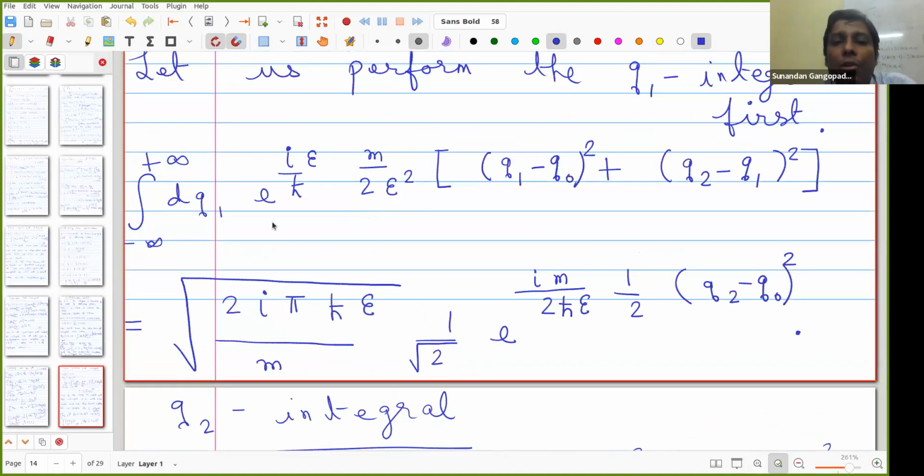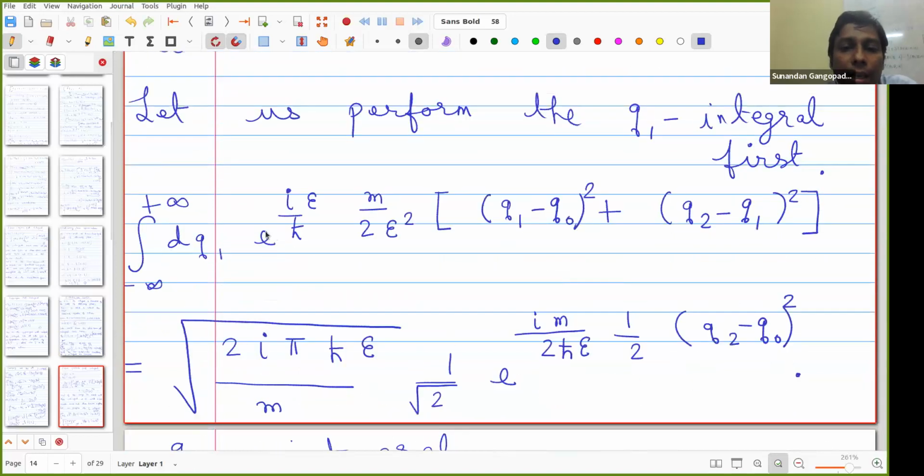The good thing about this integral is the following. If you just expand this out, you will see that this is nothing but a Gaussian integral in q1. Not really, it is a Gaussian integral because it is quadratic in q1 square. But as I mentioned in my previous lecture, there is a catch here. The catch is that in usual Gaussian integrals, let me just write it down here.